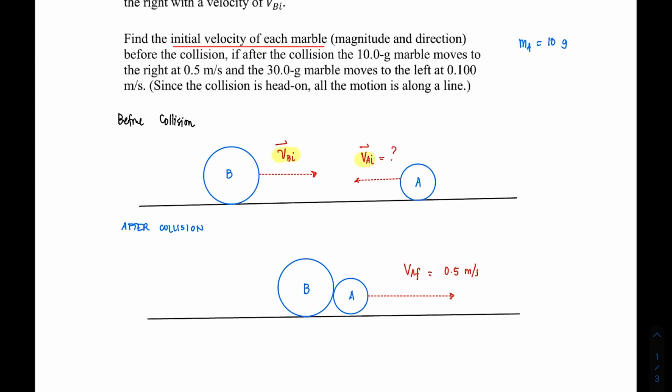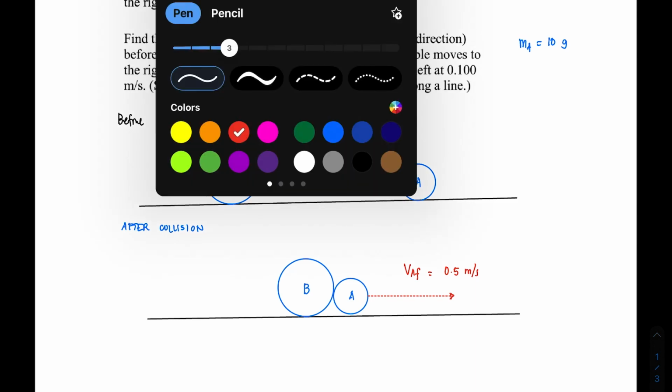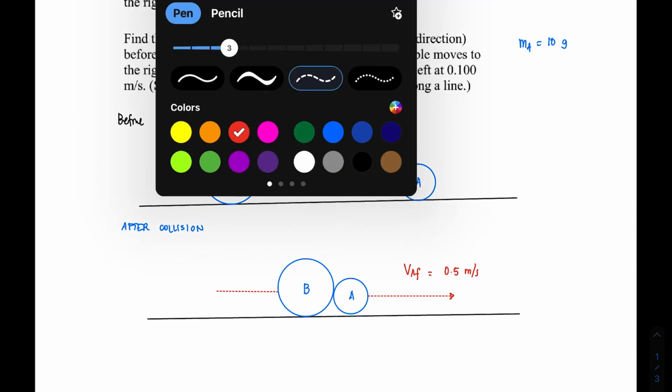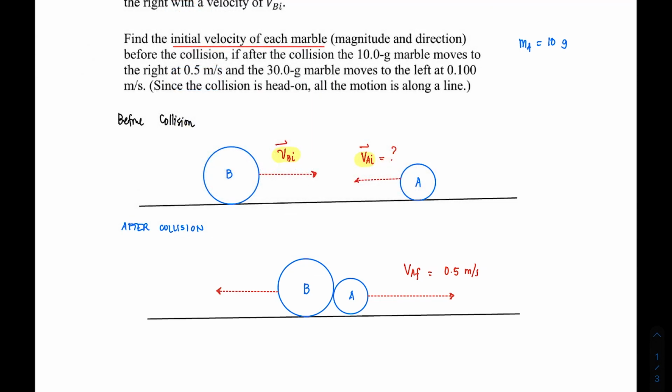And it's also stated here that the 30-gram marble moves to the left at 0.100 meters per second. So it has this arrow towards the left, and that is its VBF. Since it's moving towards the left, it must rightfully be given the appropriate sign of negative 0.100 meters per second.